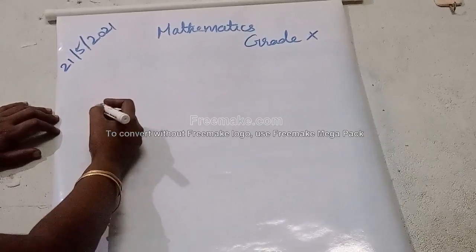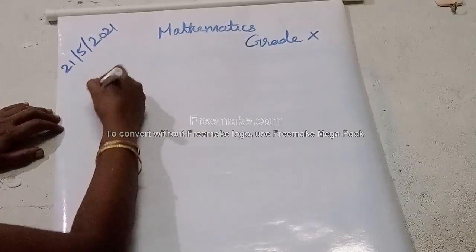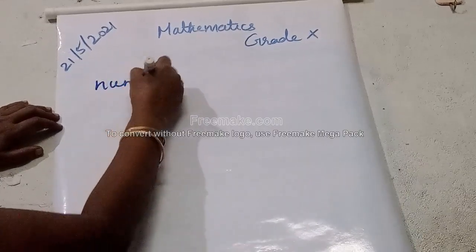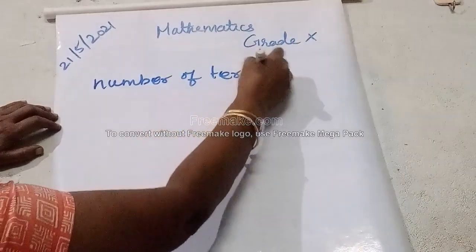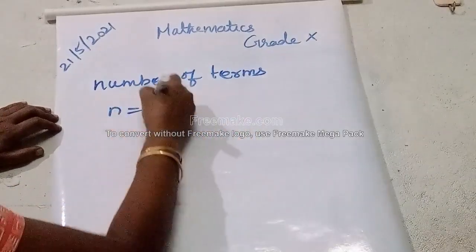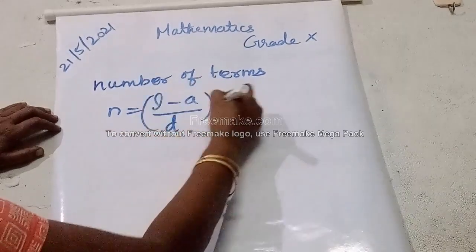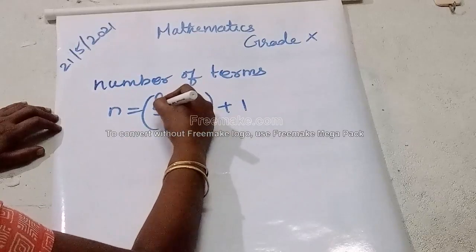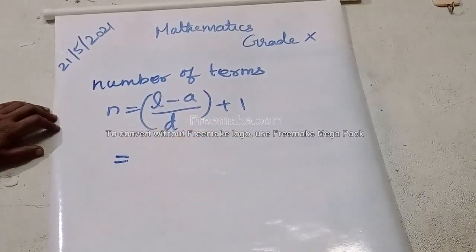So, we have to write the formula to find the number of terms. What formula did I teach you? Number of terms n is equal to (l minus a) by d, plus 1. Now, what is the l value?